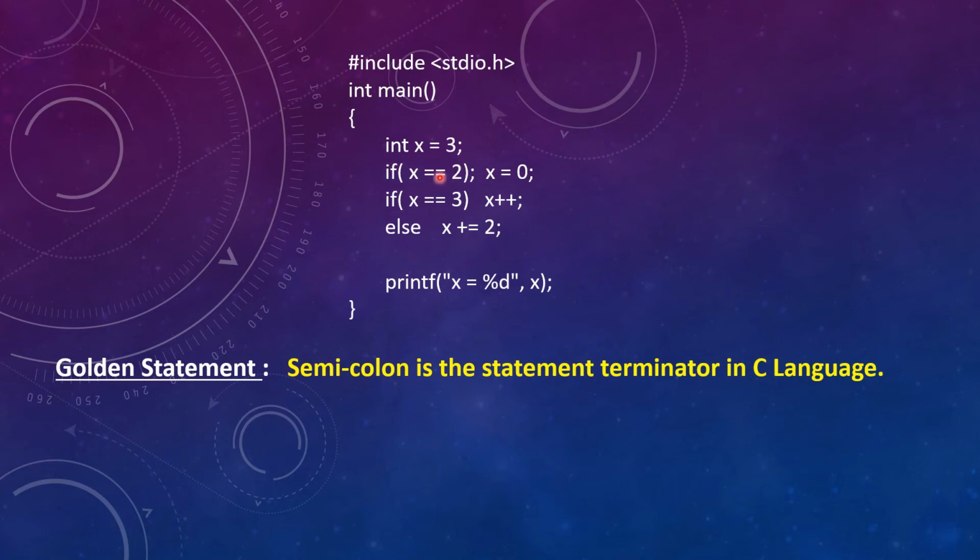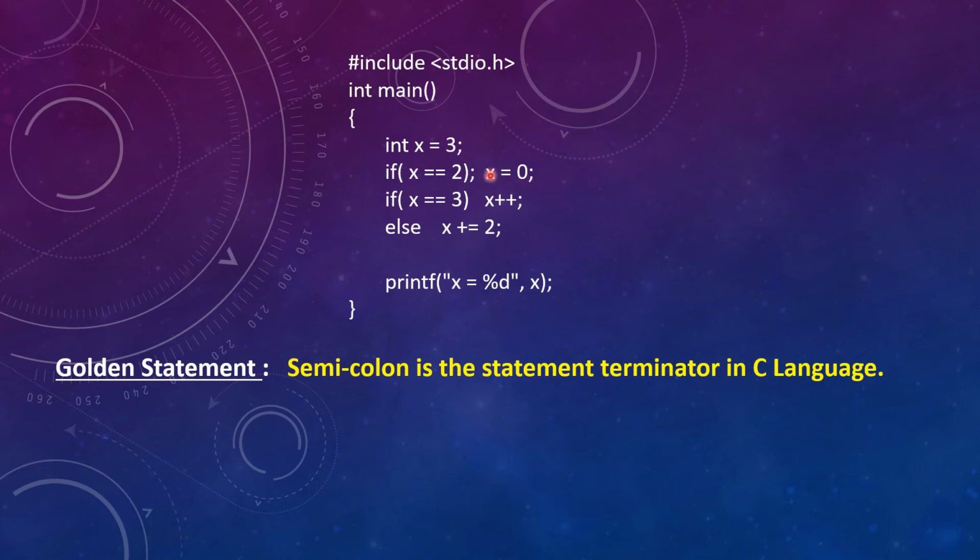Nothing is defined inside the body of this if block. So this x equals 0 is not inside the body of the if block, it is outside. It is an independent statement on its own. So this condition becomes false, nothing happens, and it comes here. Now this will be executed because it is a separate statement.